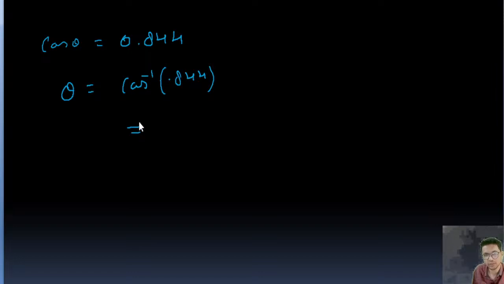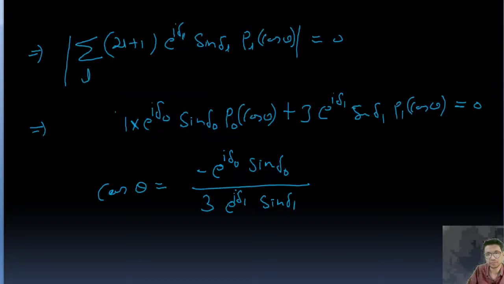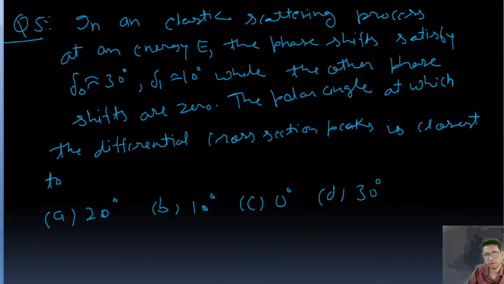Okay, so theta value is going to be 32.4 degree. Okay, so this is the answer. So which option is matching, guys? Let me check. So the closest value is D, 30 degree, right? So option D is the correct option, guys.